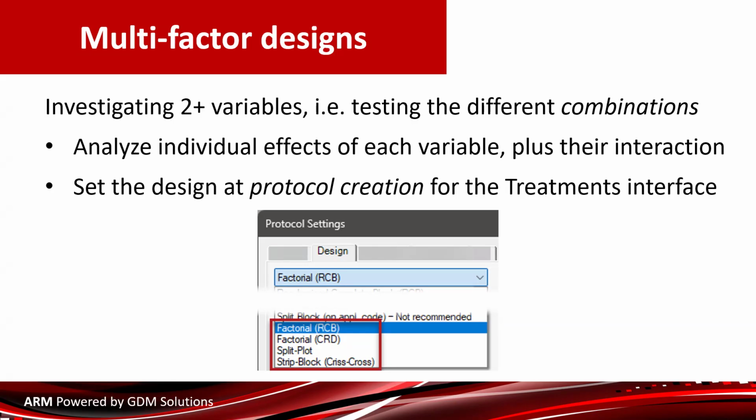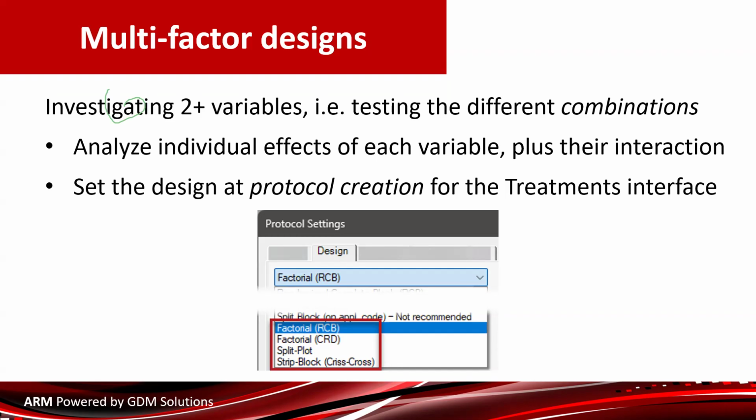So the one key, as far as operation goes in ARM as you're setting up your protocol, the big gotcha is that you would want to select one of these designs when you're in the middle of creating the protocol. So that first wizard, when you say new protocol, that's the best time to set the design to one of these multi-factor designs.